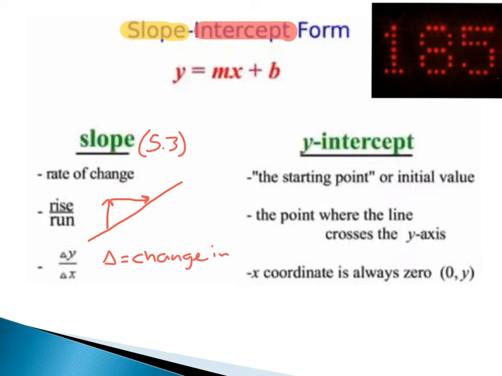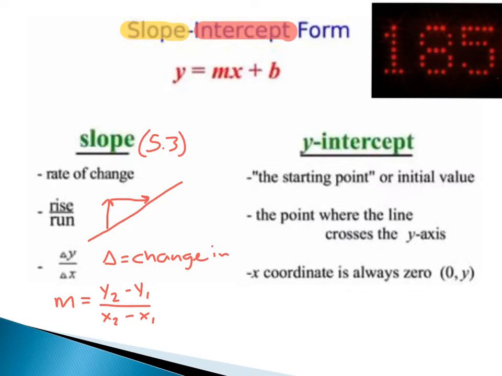So it describes your change in y divided by your change in x. We symbolize slope with m, and the formula I gave you last lesson is y2 minus y1 divided by x2 minus x1. So you get your rise over your run. Slope describes the slant, the steepness, or the angle of that line.